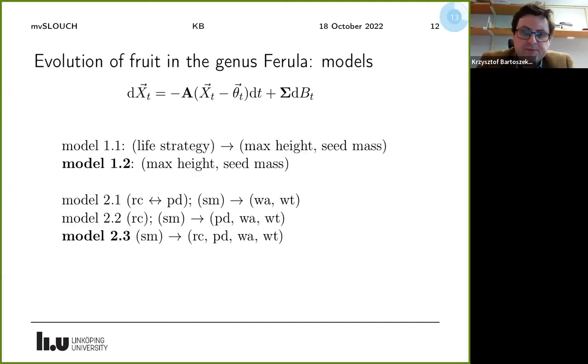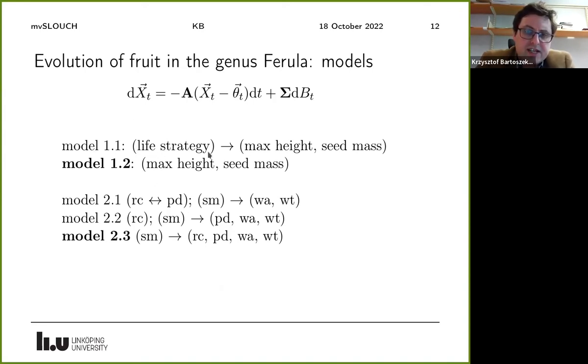Okay, and in order to do this, we need to set up these things in biological terms. So Dr. Piwczyński suggested two classes of models.